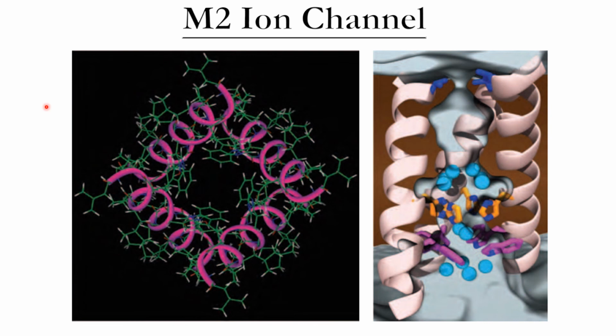M2 has been shown to possess ion channel activity, and its major role is thought to be that of conducting protons from the acidified endosomes into the interior of the virus to dissociate the RNP complex from the rest of the viral components, thus facilitating the uncoating process.